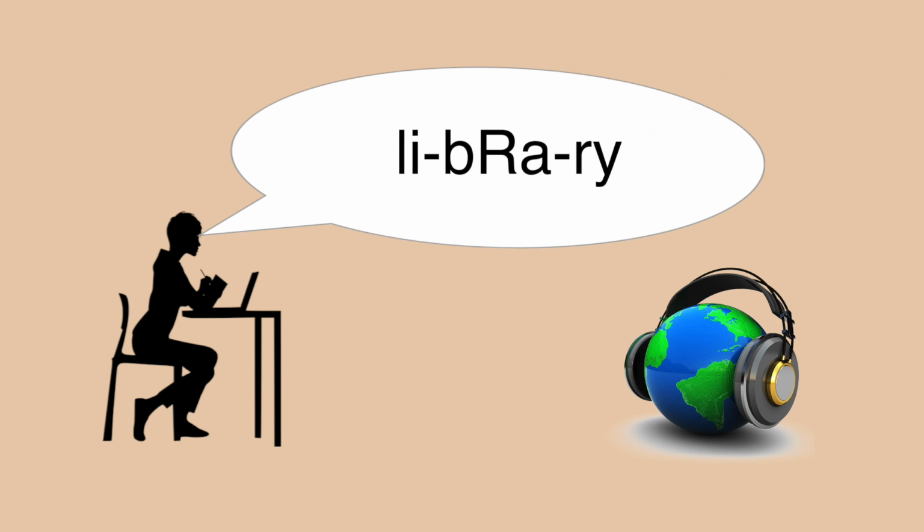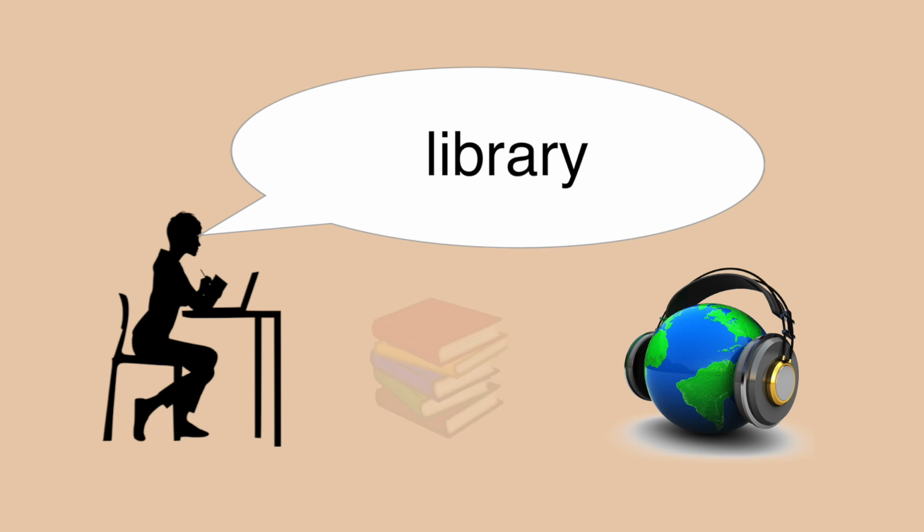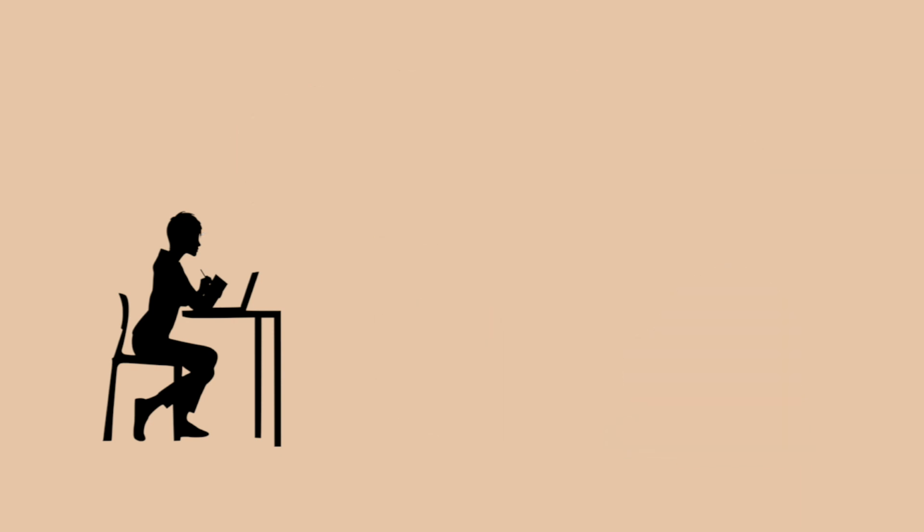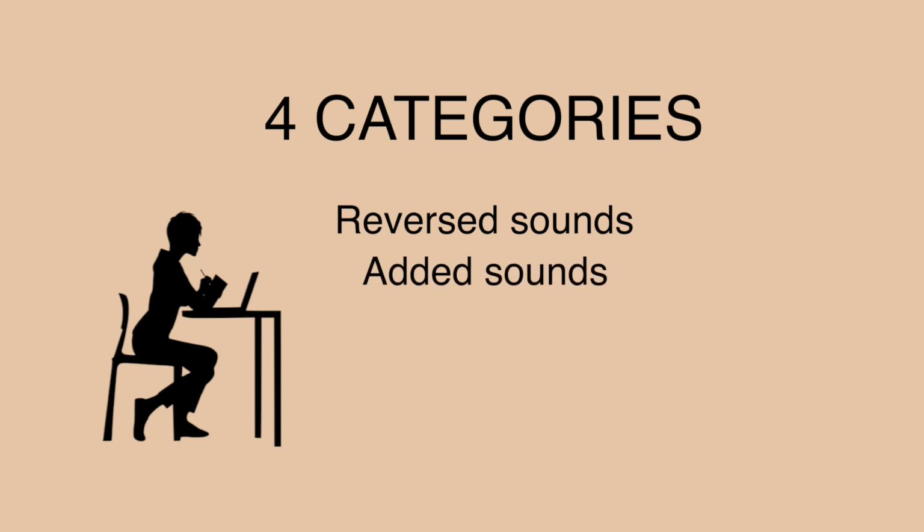A sample sentence: make sure you take your books back to the library when you are finished with them. And that is the 4 categories of words that can have some mistakes in them when people are speaking them compared to how they are spelled.